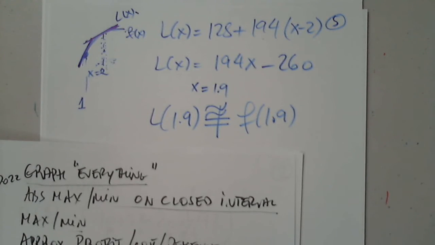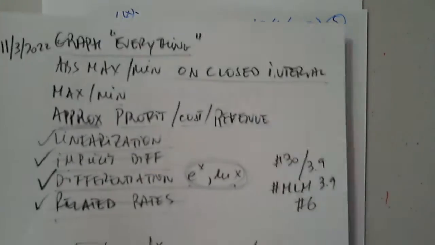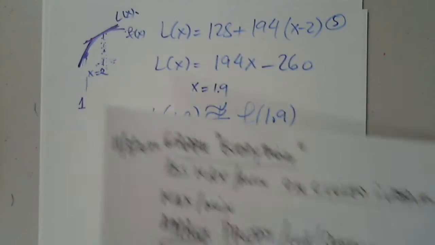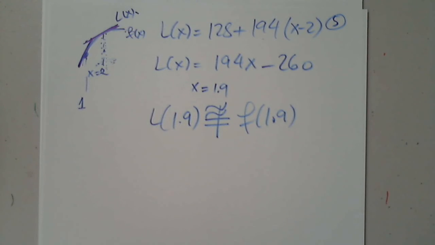Okay, I'm trying to find approximation, marginal profit, cost, revenue. So let's open on page 342. I found those problems. Yeah, the book disappears when I do that for some reason.